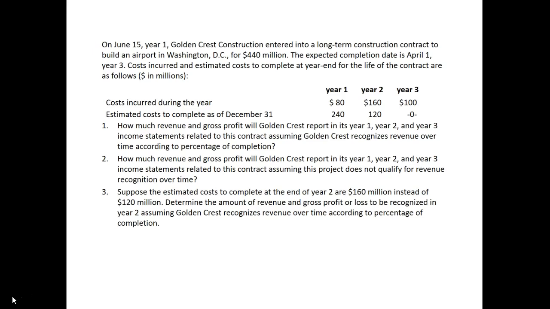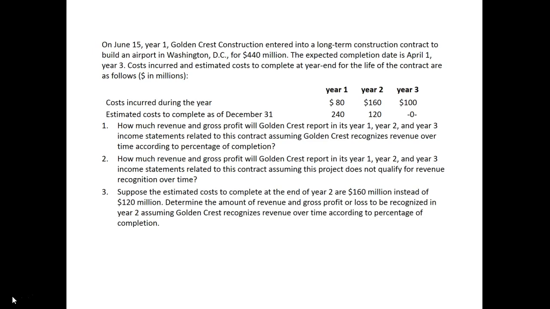So we're going to take each one of these items, how much revenue and gross profit will Golden Crest report in years 1, 2, and 3, assuming Golden Crest recognizes revenue over time according to the percentage of completion. Then, how much revenue and gross profit will Golden Crest report in its year 1, 2, and 3 income statements related to this contract, assuming the project does not qualify for revenue recognition over time.